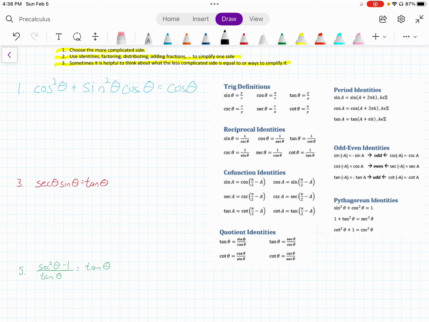And so what I notice here is that I have a cosine in both terms. I have a cosine cubed in the first and a cosine in the second, but I can factor out a cosine of theta out of both terms, and that leaves me with cosine squared theta plus sine squared theta.